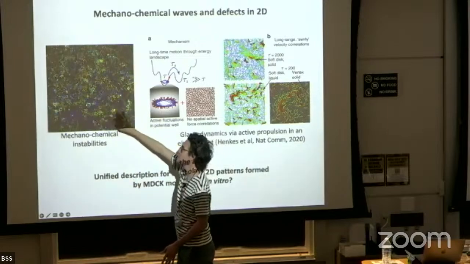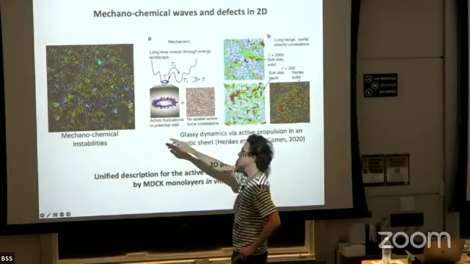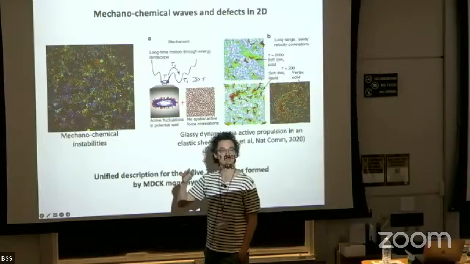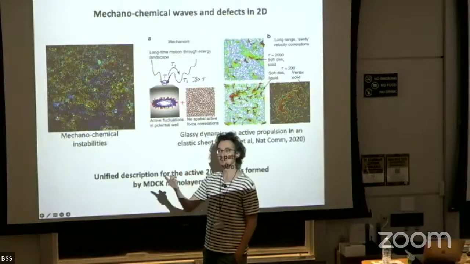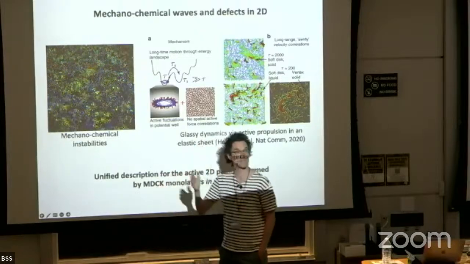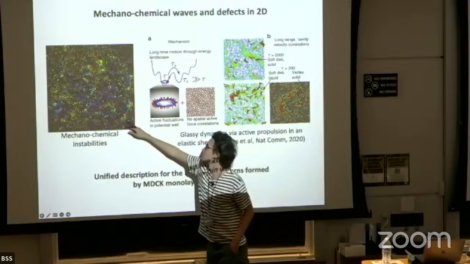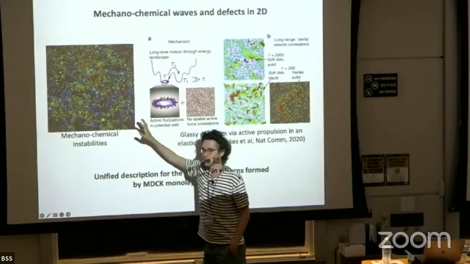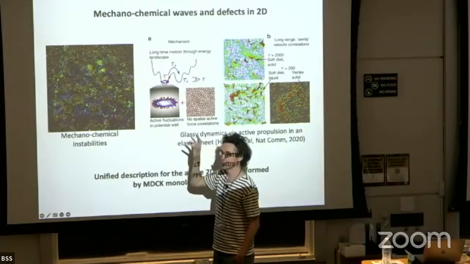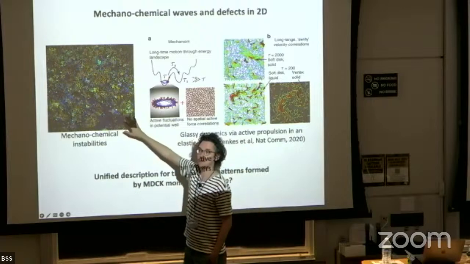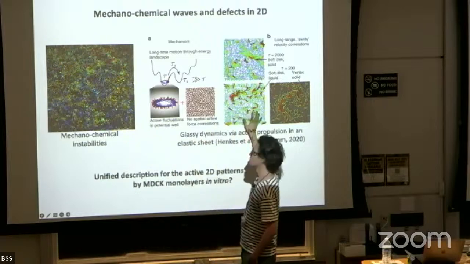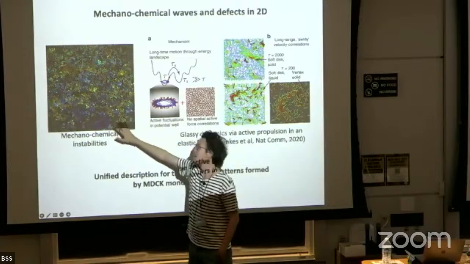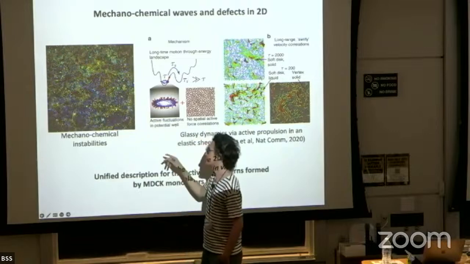You would want to understand all of this, and what Daniel also did is to generalize the model to 2D by making a 2D vertex model and adding the exact same model of ERK dynamics, where we try to understand also the 2D patterns, to try to reconcile seeing this as mechanochemical waves with previous ideas in the field of seeing this as an active glass, where we combine polarity with mechanochemical waves, and that came out last year.